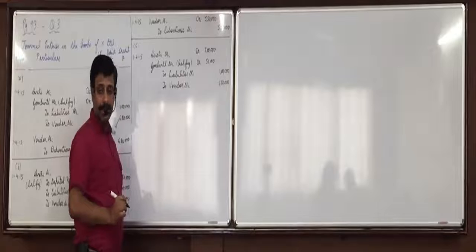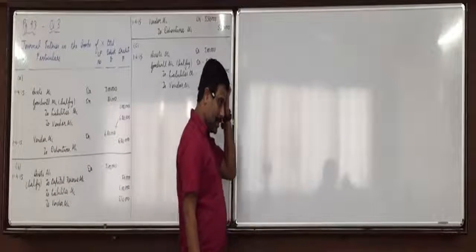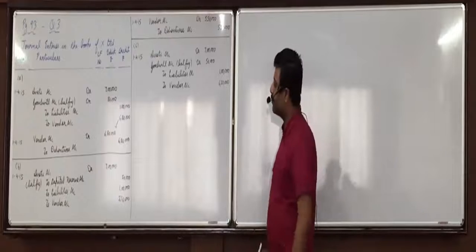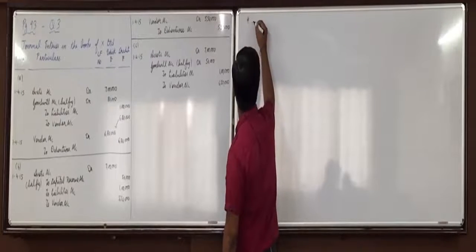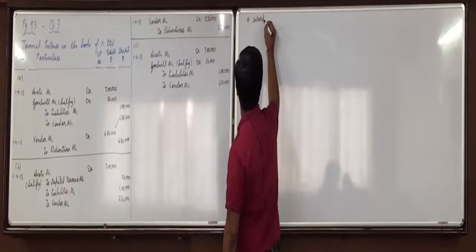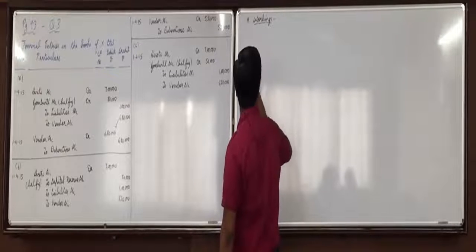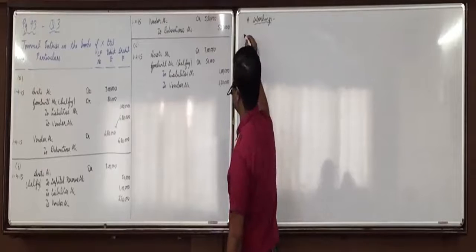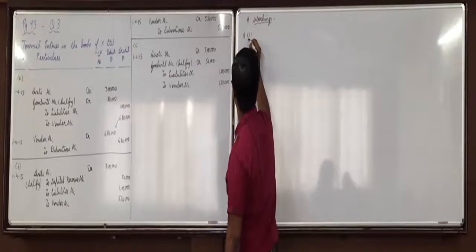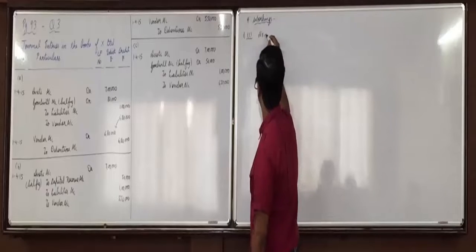Did everyone understand this? B. Assets and liabilities taken over. Now workings for option C. How do you find the number of debentures?